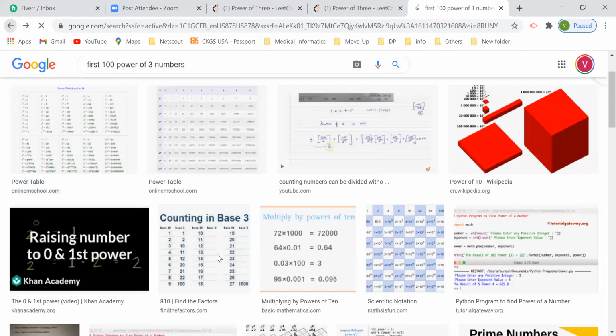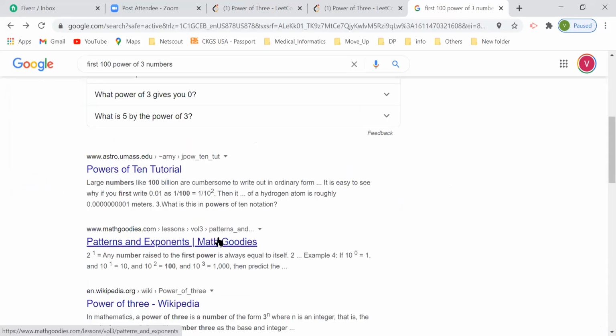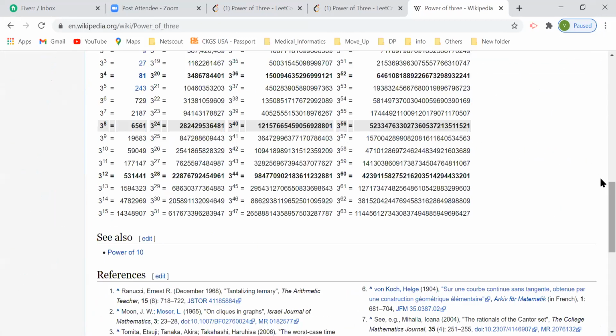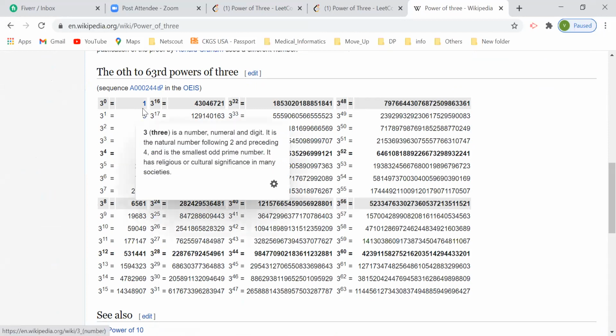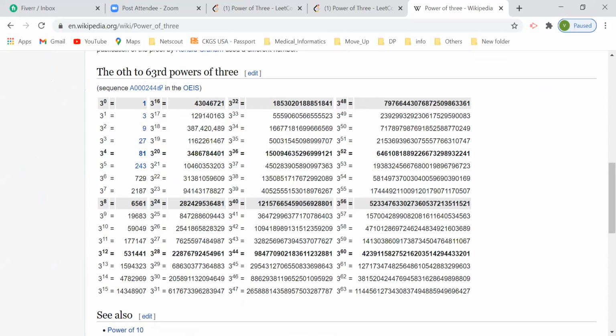How do I find that? Power of 3: 3, 9, 27, 3, 9, 27. So this is good, right? It looks like it is 1, 3, 9, so the last number looks like that.